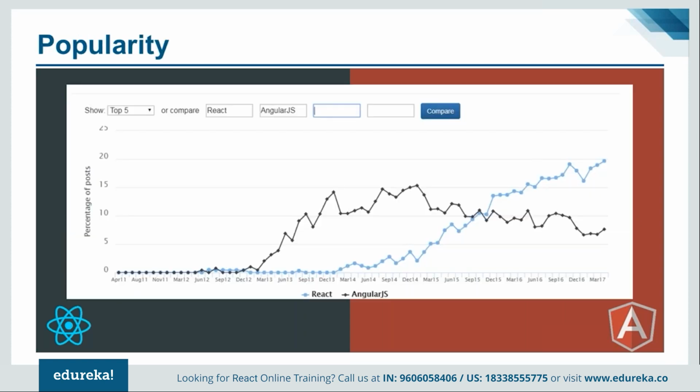Okay, and this is the overall popularity of how these two frameworks stand. I would say about 6 years back, Angular was in the very beginning, probably just getting started, and the popularity started increasing from somewhere around 2012, took off in 2013, and then increased steadily. React started somewhere around 2012, but the popularity started increasing from 2014. It took quite a while, almost 2 years, before they started getting popular.